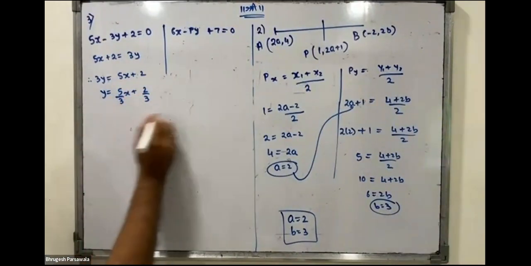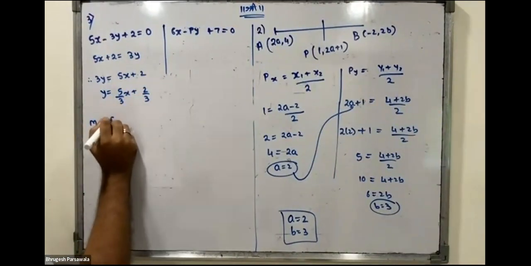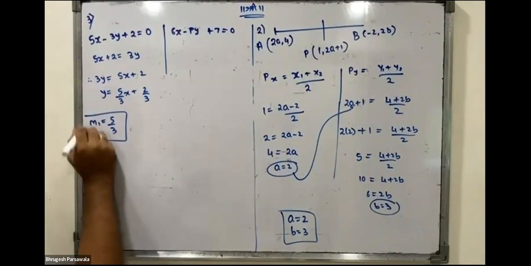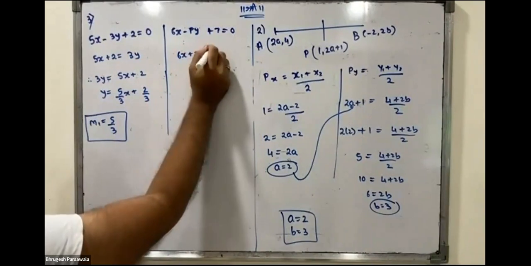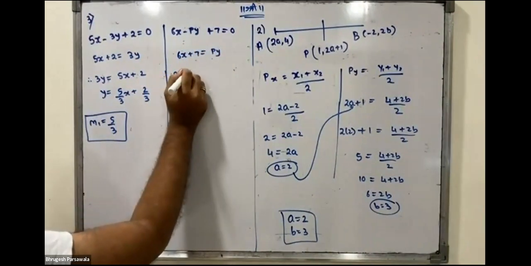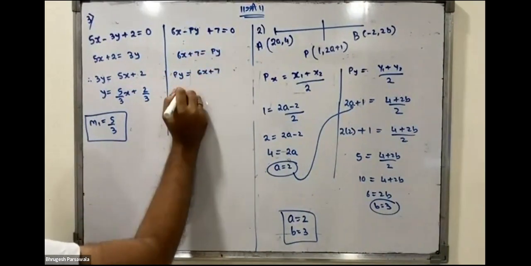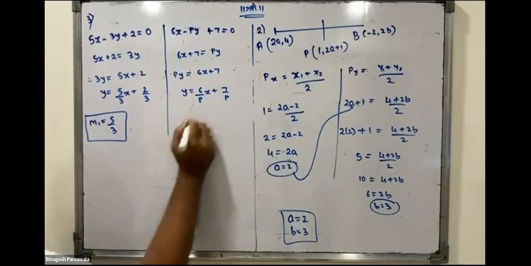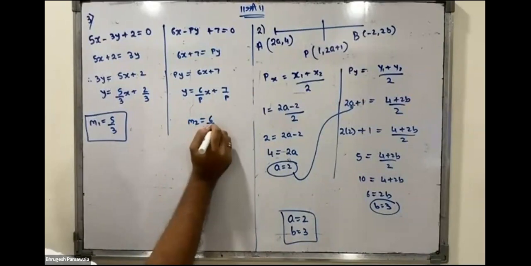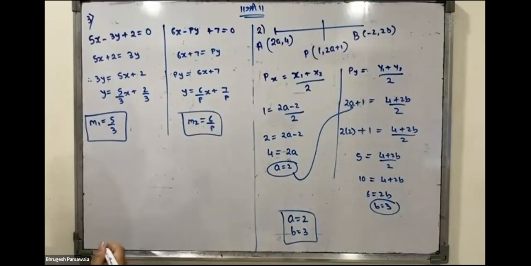So comparing with y equals mx plus c, m1 is 5 by 3. And m2 is 6 by p.